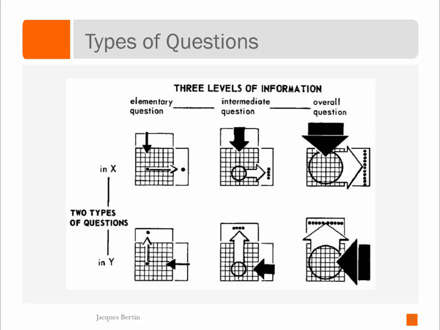So another example might be we might ask a question for all age groups. And then the third type of question is the overall question, encompassing a much larger view. The overall question would be question types that are asking what's going on with the entire data set. And you see the much larger circle encompassing a much larger number of cells there.